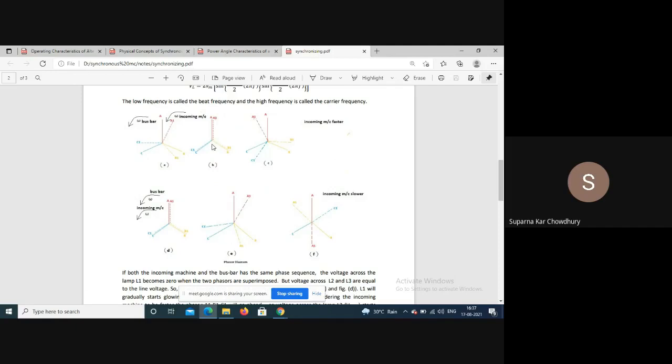Now, when this brightness is rotating very slowly, then for a particular position, that is when this bulb is dark and the other two are equally bright, then we close the synchronizing switch.